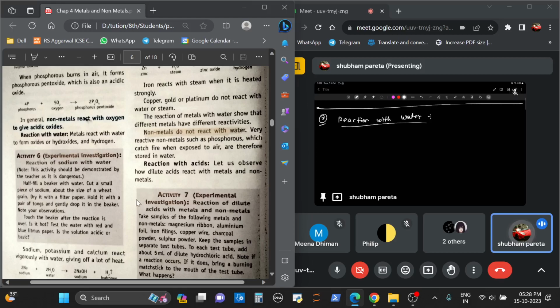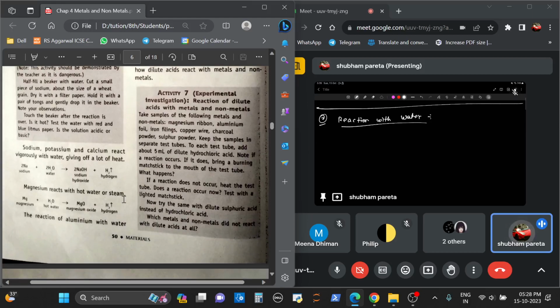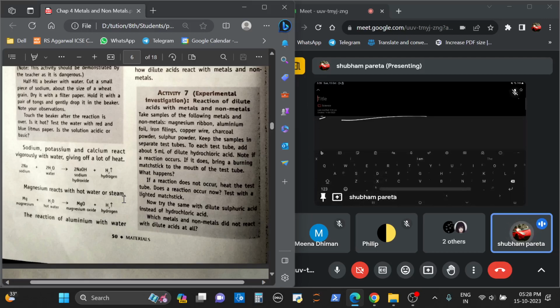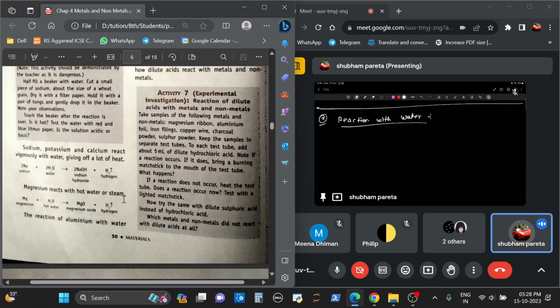So moving ahead, what we are having now, just please have a look into it. Sodium, potassium, calcium. Now we are having a reaction with water. Sodium and magnesium react with water to release hydrogen over here. First of all, sodium plus water gives us NaOH, plus hydrogen gas is liberated.